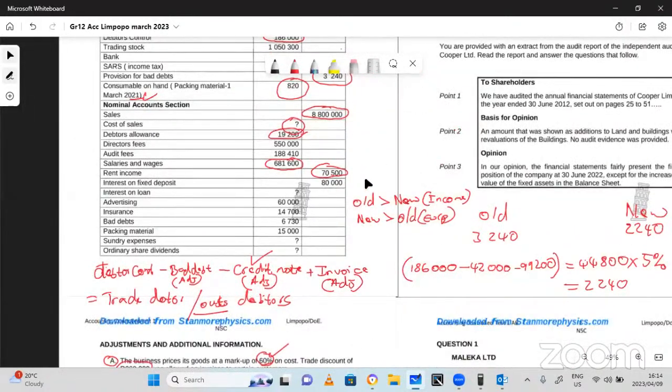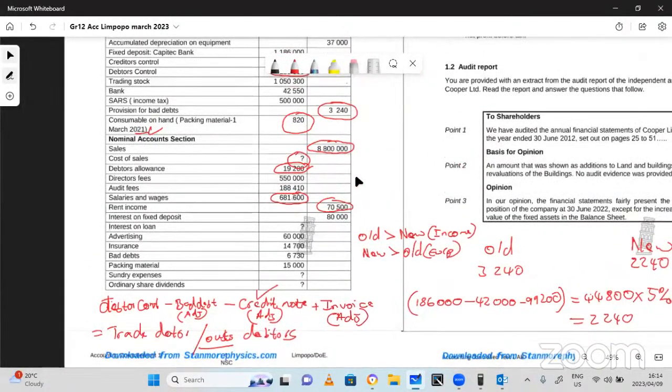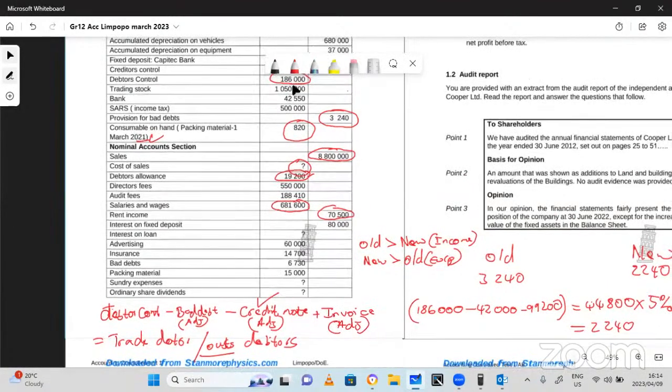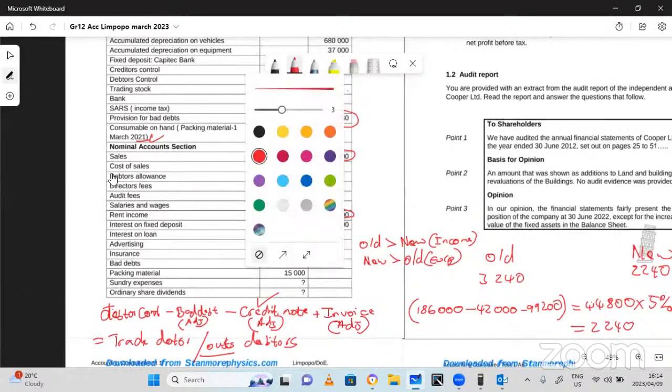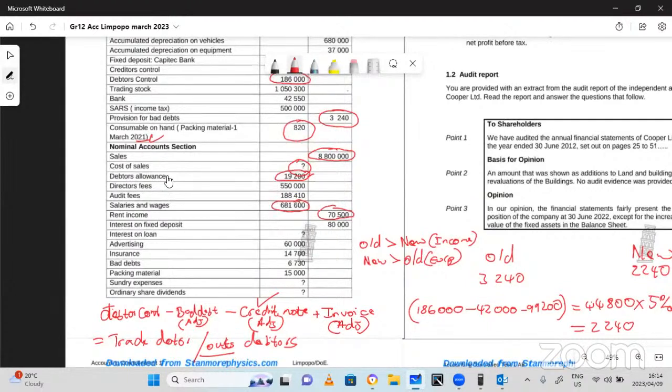It's the same thing. Now moving on to other expenses. Let's first take every account that we have used. We have used the sales, the cost of sales, the debtors allowance, but we have not used the director's fees and the audit fees.